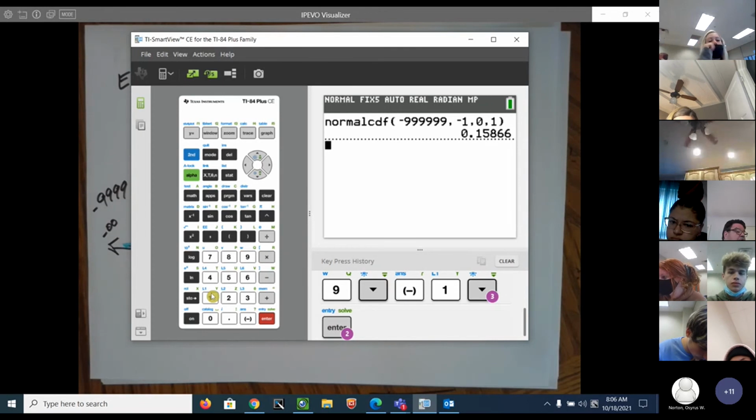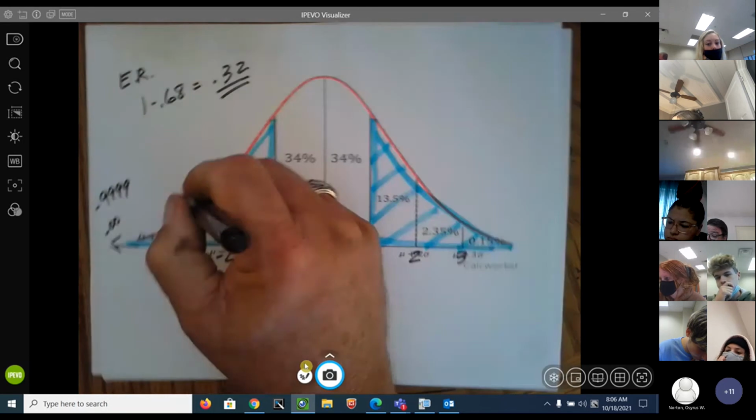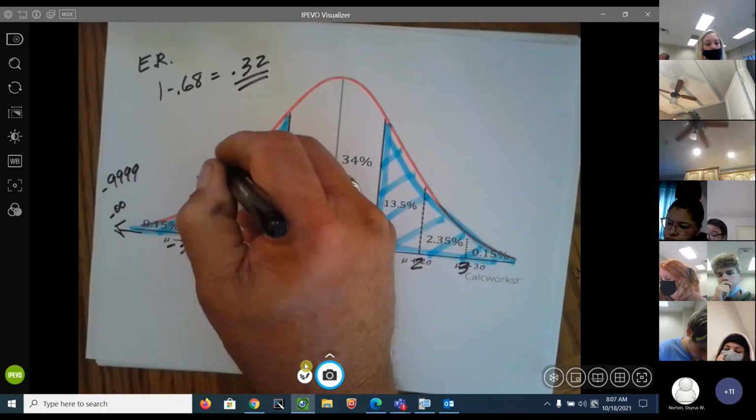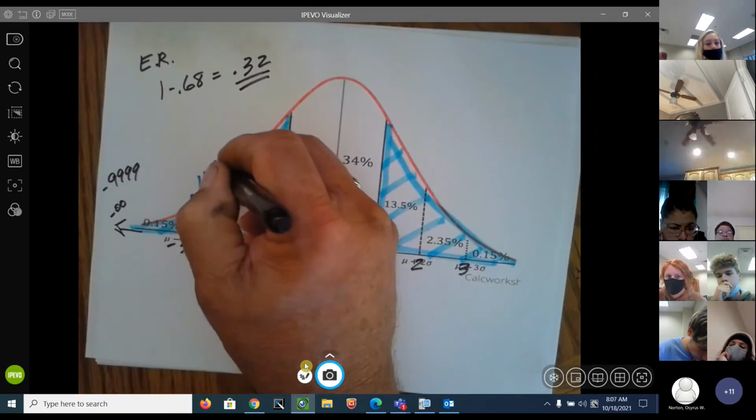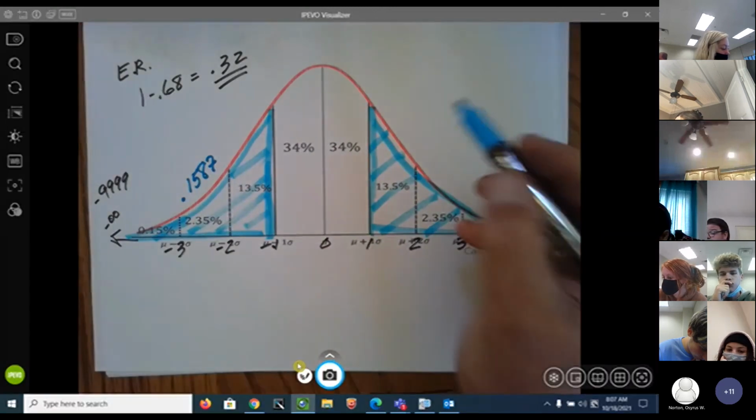So I'm going to take my blue marker: this is 0.1587, and this is 0.1587.